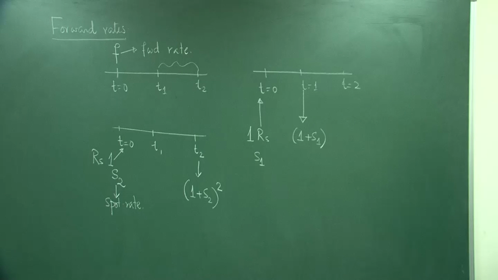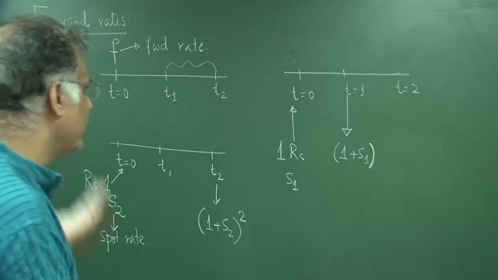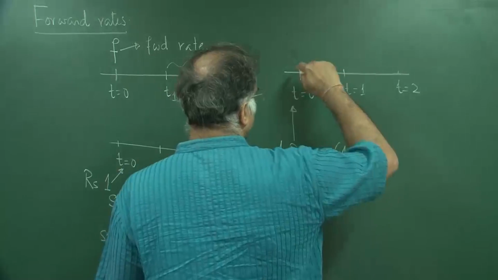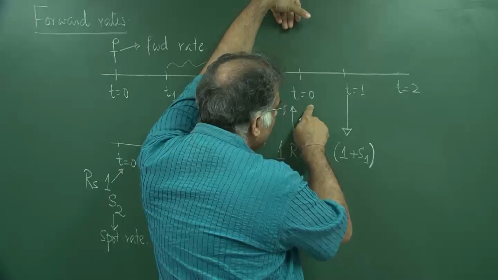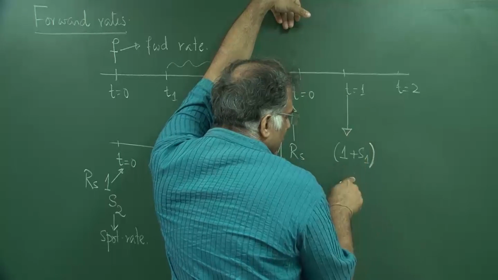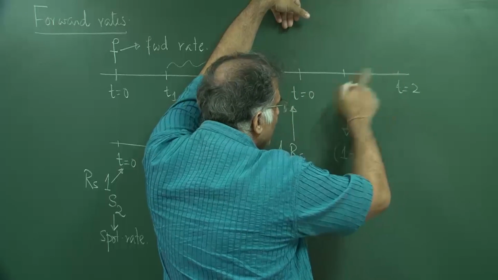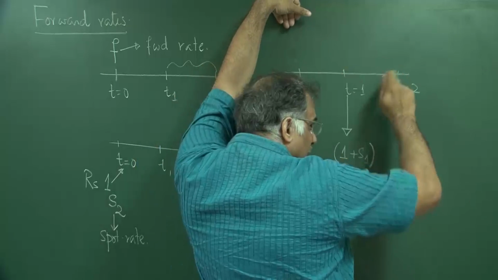So at the end of period 2 years, I have given somebody money 1 plus S1. Basically somebody has asked me for money 1 plus S1 at time t equal to 1. I said okay, what I will do is place this rupee 1 at time t equal to 0 at spot rate S1, get this money, and I agree that I will give you this money between time t1 and t2.